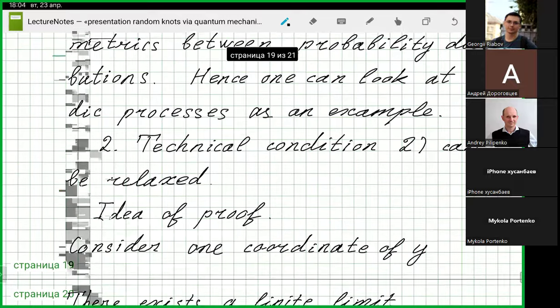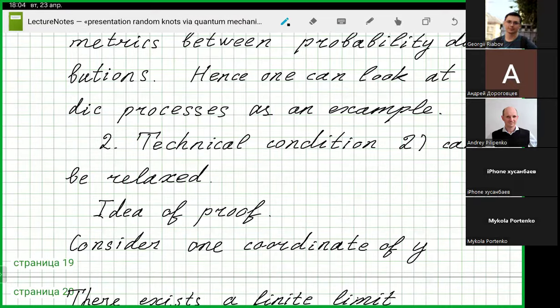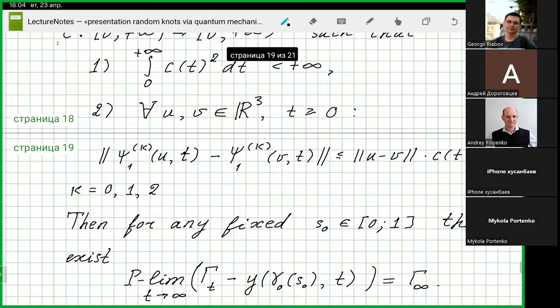The second, technical condition 2 can be relaxed. Of course, here we can have some much more complicated continuity in u and v, which measures the distance between u and v. But this condition allows us to prove the statement relatively easily.